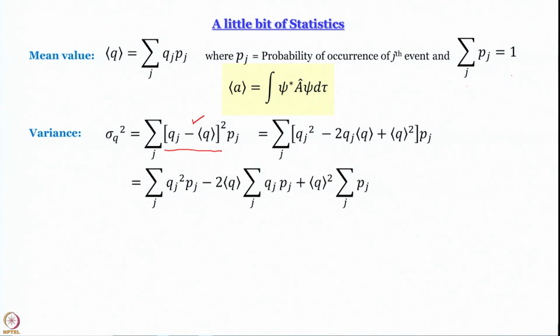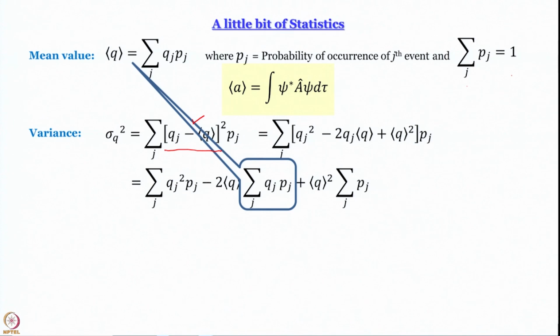This is what it is: sum over j Qj square Pj comes from the first term here, minus 2 average value of Q, which is a constant quantity, will come outside the summation sign, average value of Q multiplied by Qj multiplied by Pj, plus, again square of average value is also a constant quantity, it will come outside the summation, square of means multiplied by sum over j Pj.